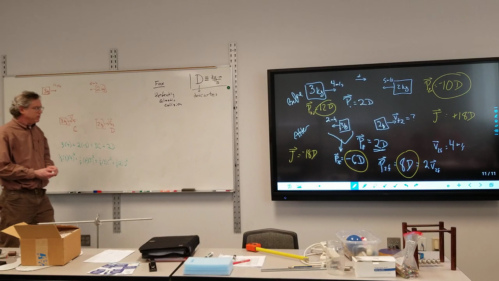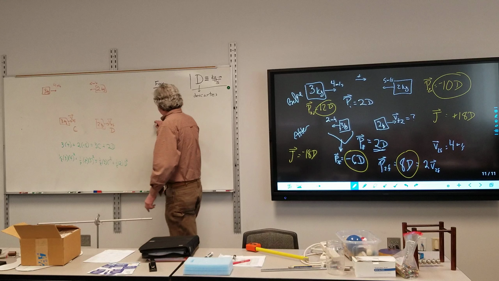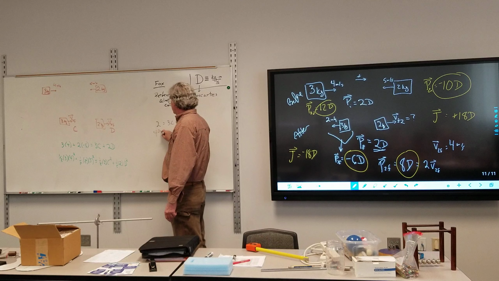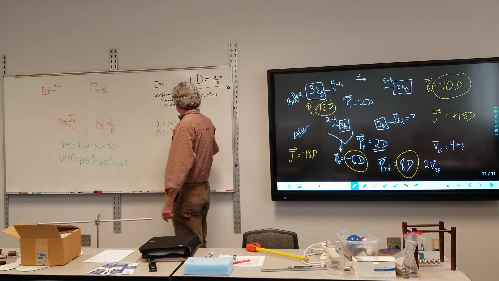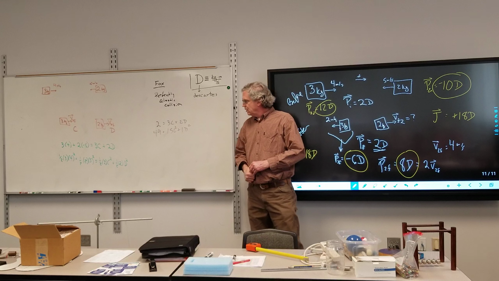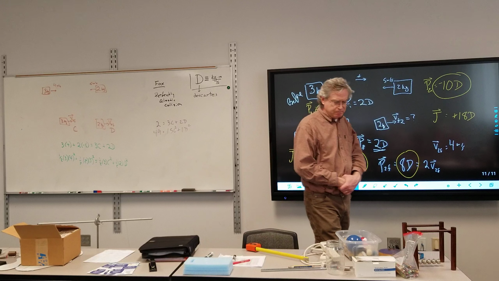We've already done some of the math here. So we have 2 equals 3C plus 2D, and 49 equals 1.5 C squared plus 1 D squared, if I recall correctly.